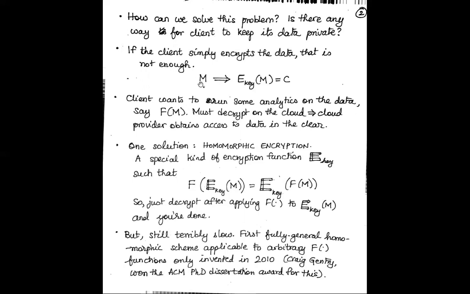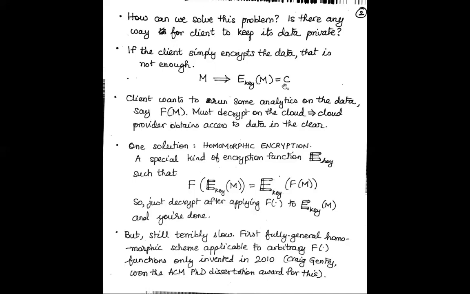If you're going to bring back the data to your own site and then apply the data analytics function, then there is no point of going to cloud computing, right? I mean, why even go to the cloud? You might as well do everything locally. If you want to do anything on the cloud and you have got your data over there in the cloud and you want to apply this data analytics function on the data, you can only do so on the cleartext data.